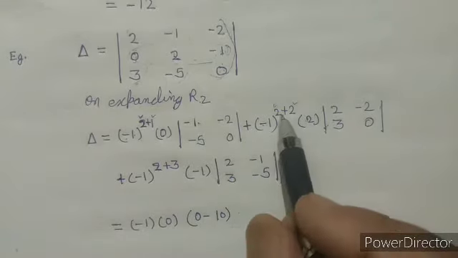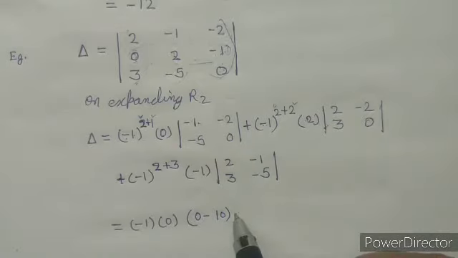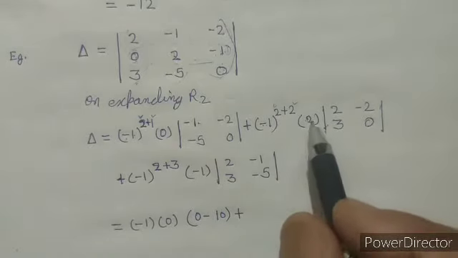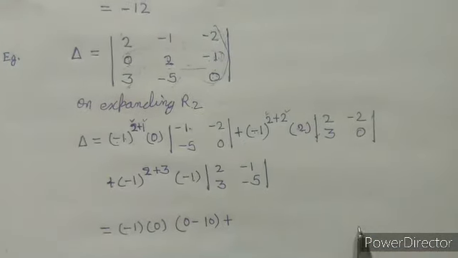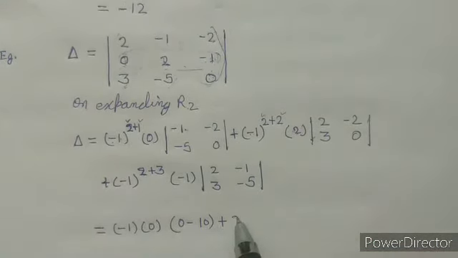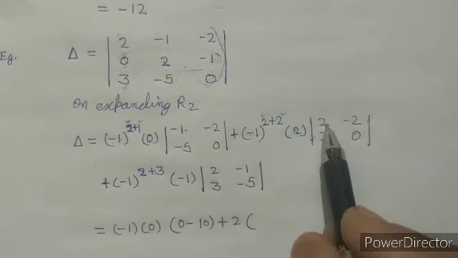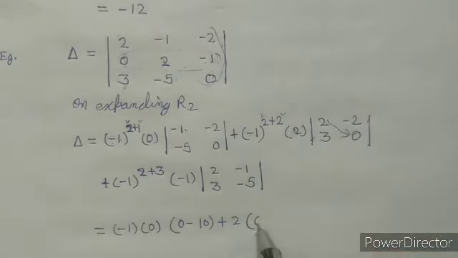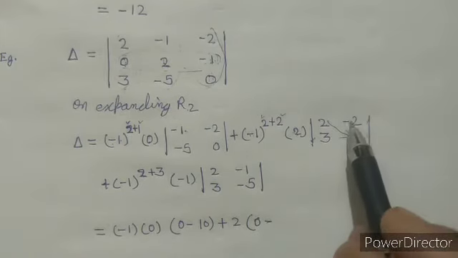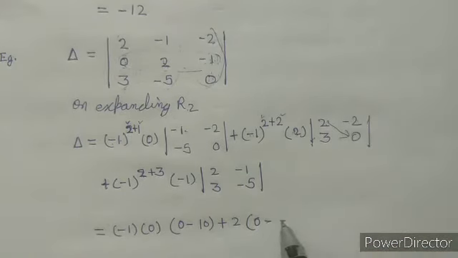Now -1 raised to power 2 plus 2 will give us 1. Now 1 into 2 will be equal to 2. The determinant of 2 minus 2, 3, 0 will be 2 into 0 will be 0 minus 3 into -2 will be equal to -6.